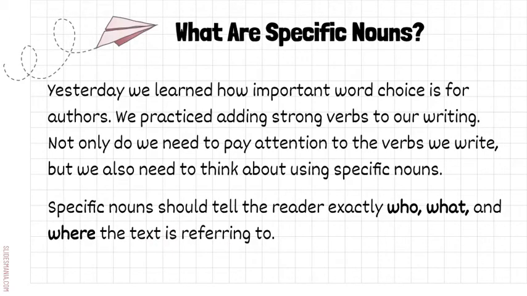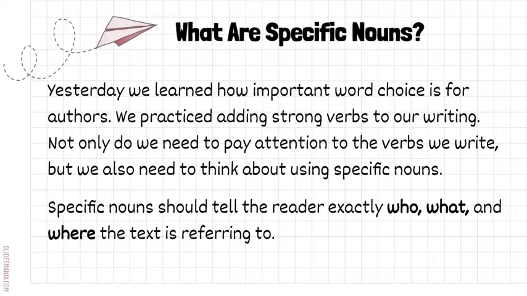So yesterday we learned about how important word choice is for authors, and we practiced adding strong verbs to our writing. And not only do we need to pay attention to those verbs that we write, but we also need to think about using specific nouns. The specific nouns should tell the reader exactly who, what, and where the text is referring to.